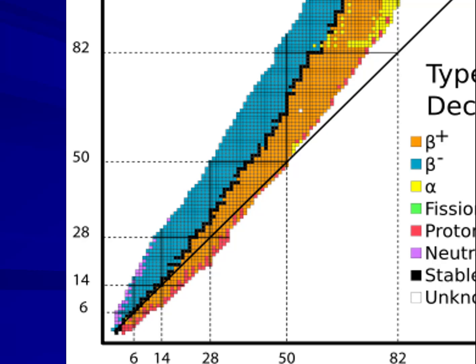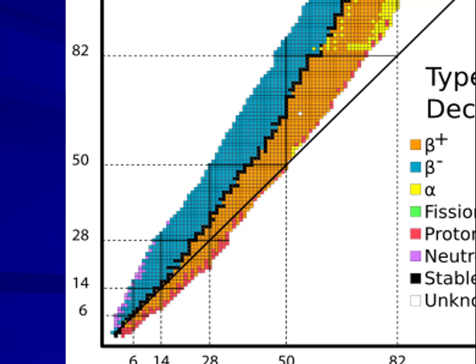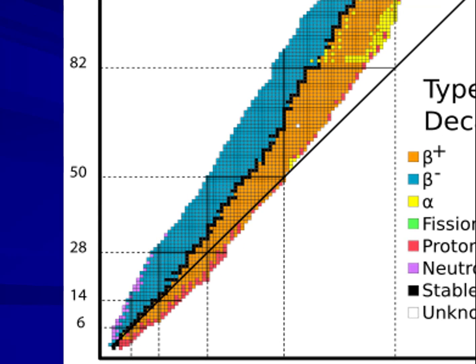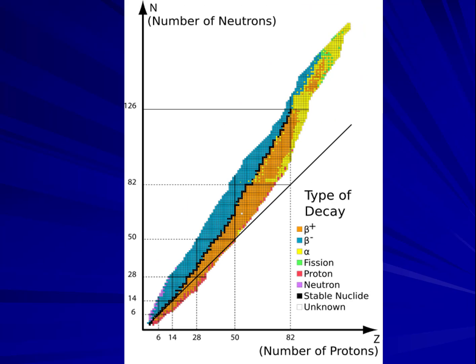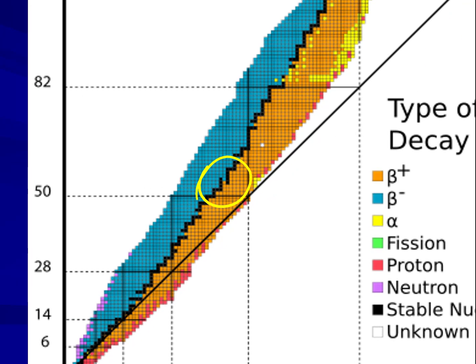I'll see if I can get a pen there, right here. Nope, sorry, it moved on me. Right there. There's no black dot. There is no black dot there. That element doesn't have a stable isotope.